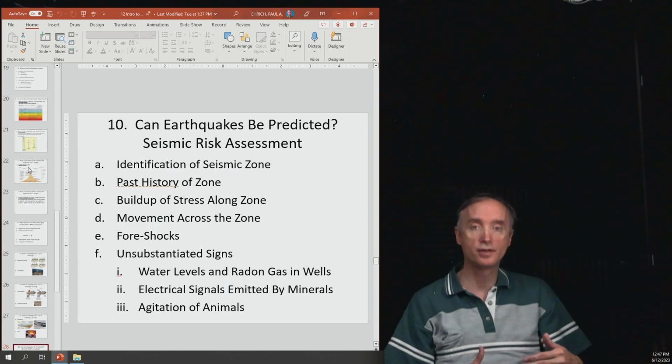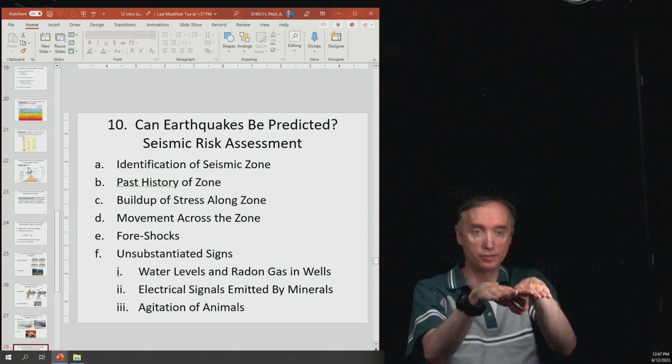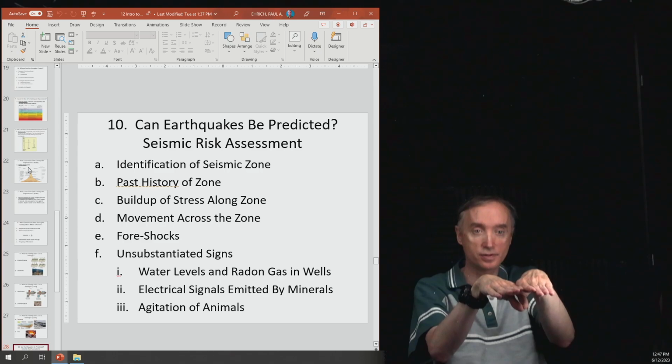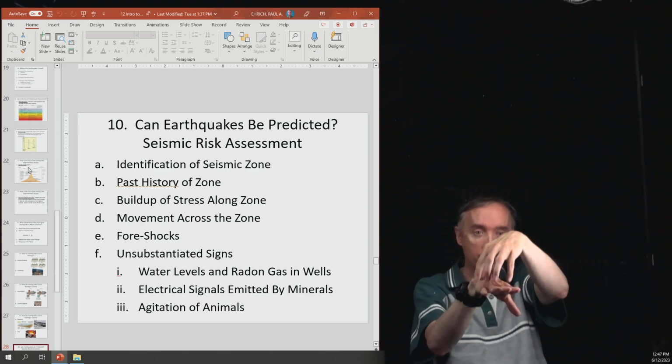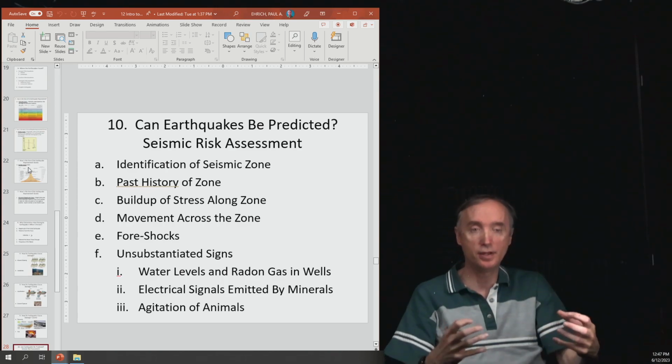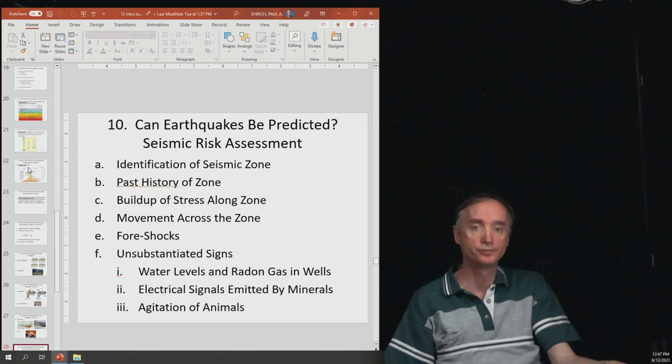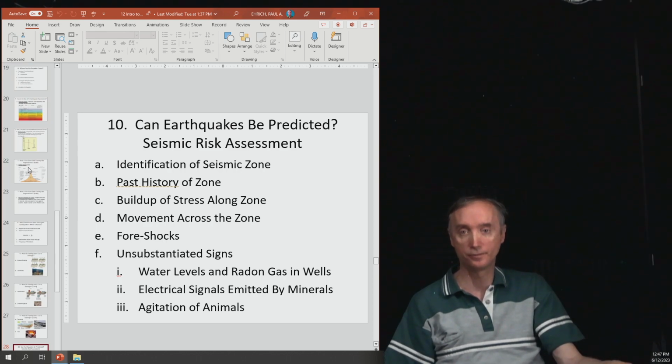If you notice that there is movement across the zone, so if a fence is bowing or a fence is moving on one side compared to the other, then that means that an earthquake could happen. If there is a series of small earthquakes, those could be foreshocks that tell you that a big earthquake is going to occur.